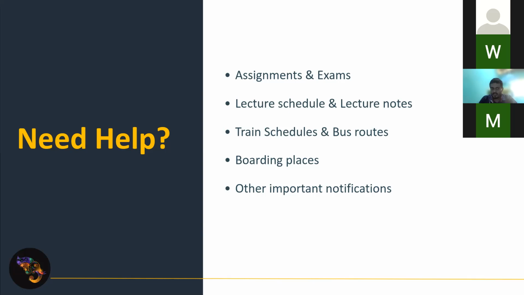So finding a boarding is very hard. And the second thing is when we are new to university, if we are in Colombo University, for example, it's very hard to find the buses. There are a lot of buses and a lot of trains. It's very hard to find the correct bus route. So likewise, we have different problems.